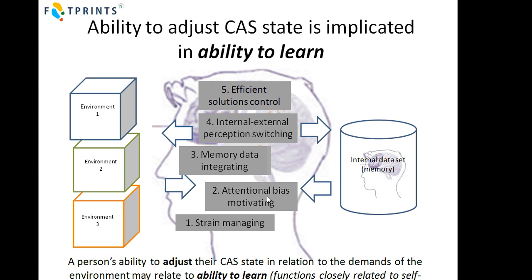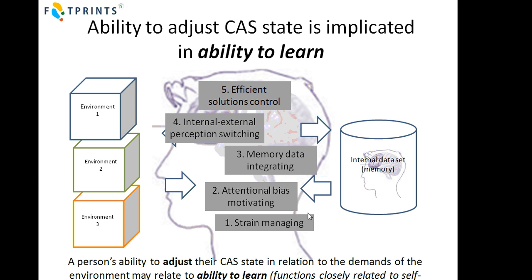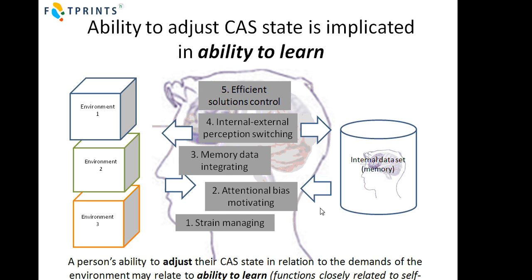Okay, so our proposal was that the ability to adjust CAS state is implicated in the ability to learn, and that's what we have found evidence to support: that the ability to adjust that CAS state for different environments to an optimal state correlates with academic ability, and it measures something which is not measured by a measure of general intelligence, in this case the CAT test.